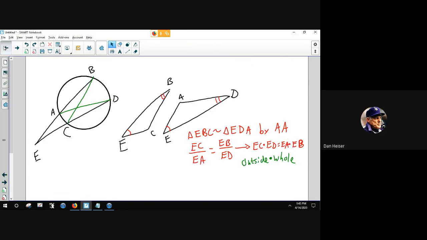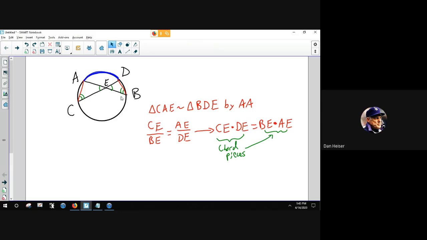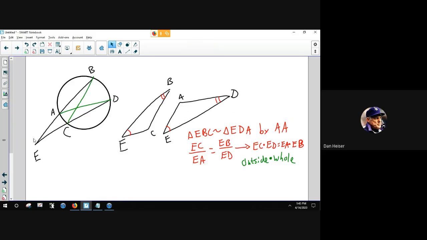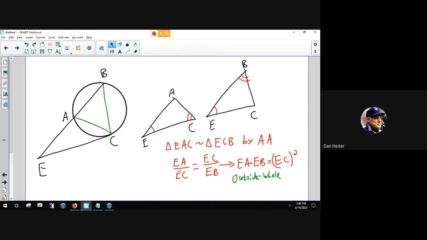So, we have two intersecting chords: multiply the pieces together. Two secants that start from the same outside point: outside portion times the whole thing for each one are going to be equal. Secant and a tangent, we still have outside times whole, and then on the other side we have the tangent squared because the outside is the whole.